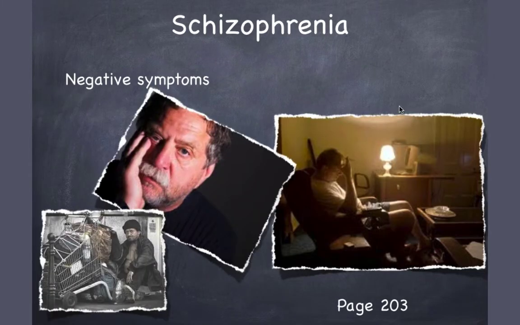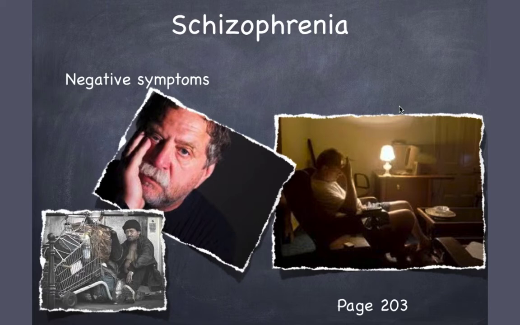Now the negative symptoms of schizophrenia, the loss of or deficiency in thoughts and behaviors that are characteristic of normal functioning. Now, these are not always things that we would associate and more overtly notice. They can just sometimes be things that are more subtle.